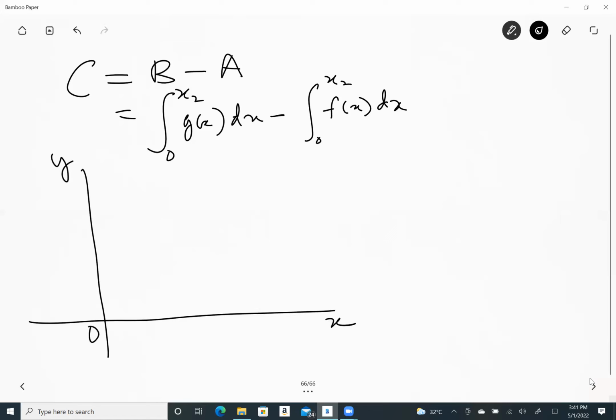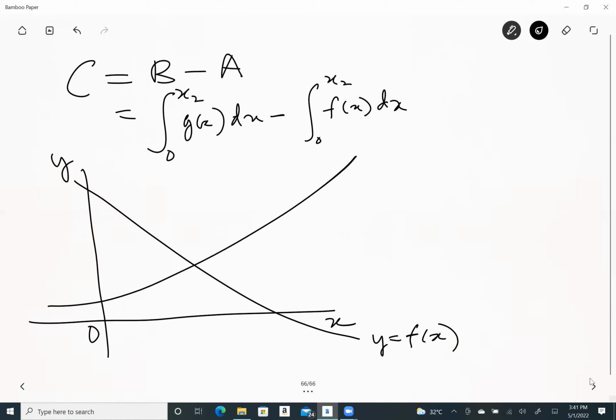So what I want to do here is I will draw again two curves. Okay, so let's say this is y equal to f of x, something like that. This is y equal to g of x. Okay, number one.